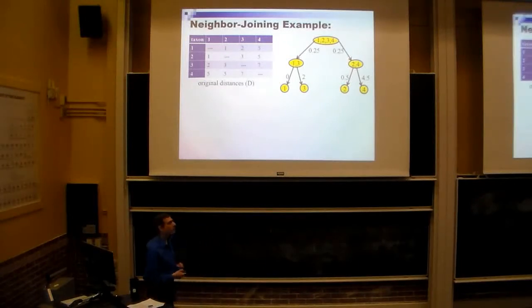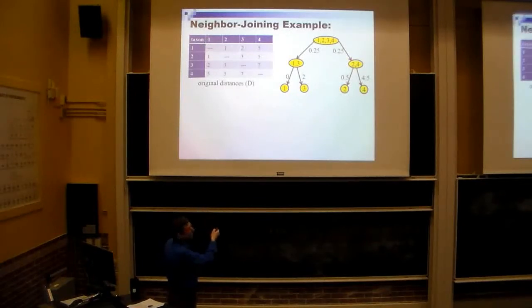So in this algorithm, we will actually get the pairwise distances preserved exactly as they are in our original distance matrix. We want the distance between nodes 1 and 3 to be 2, and if we look at the distance along the edges here, we get a 0 plus a 2, so that's correct. From 1 to 2, we want a distance of 1.